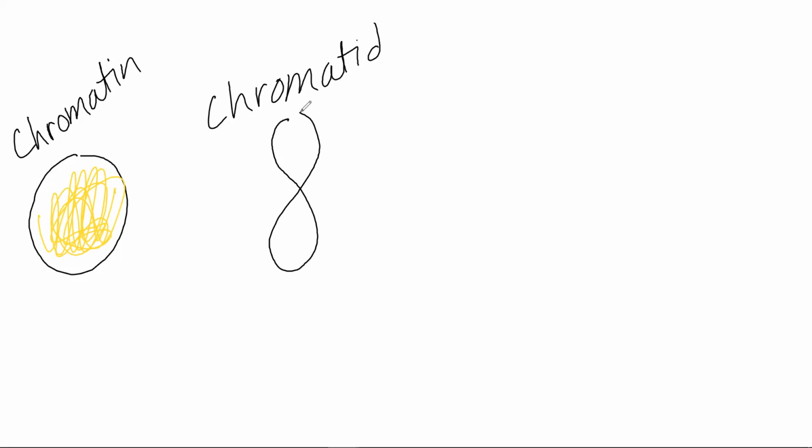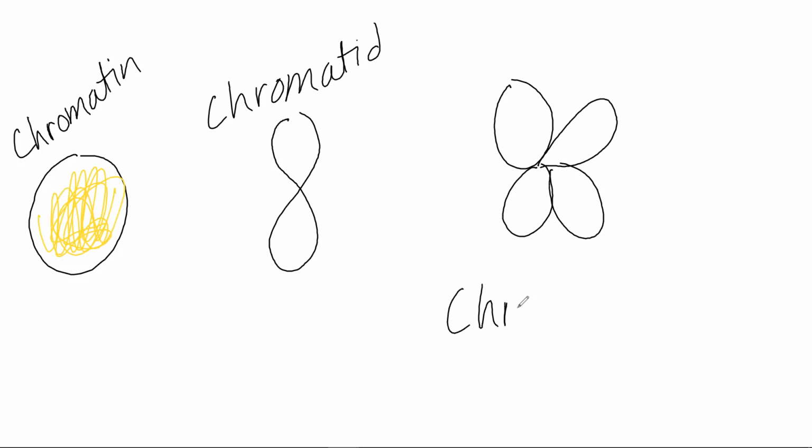A chromosome is after you duplicate the chromatid, and it looks like this. This is a chromosome. Does that make sense? That's the difference. Just know their shapes. Okay, I got it. Thank you. Anybody else?